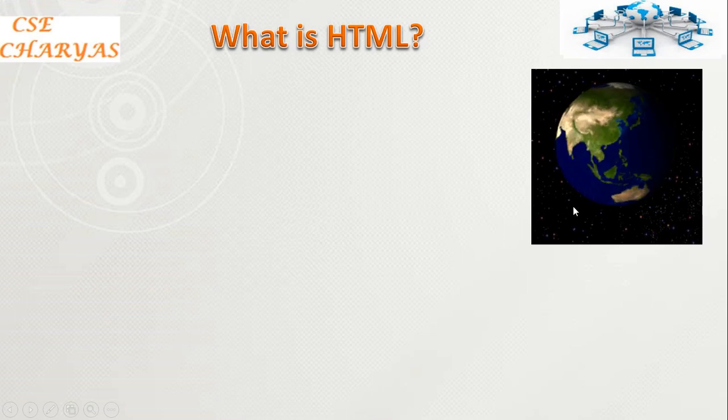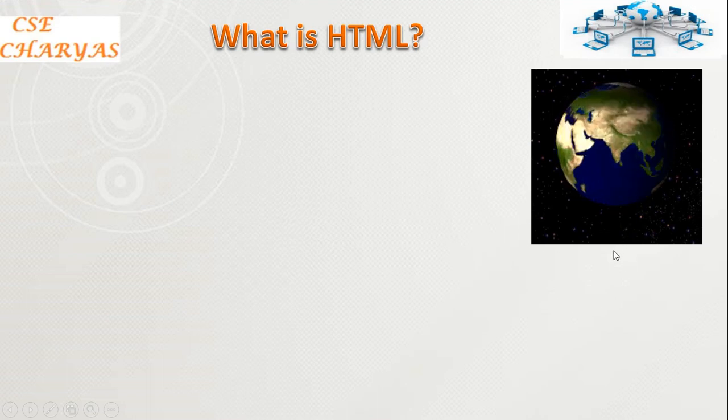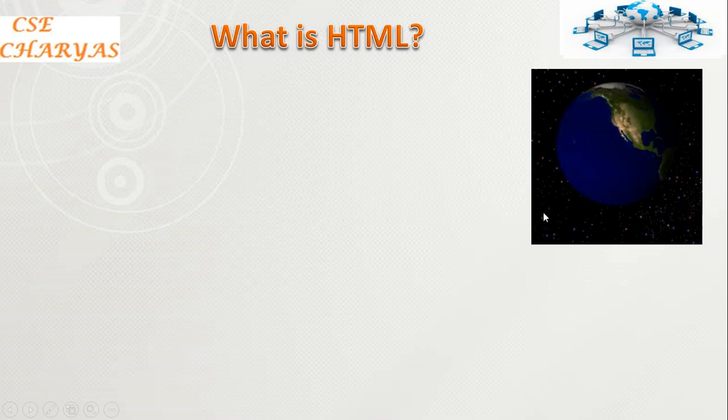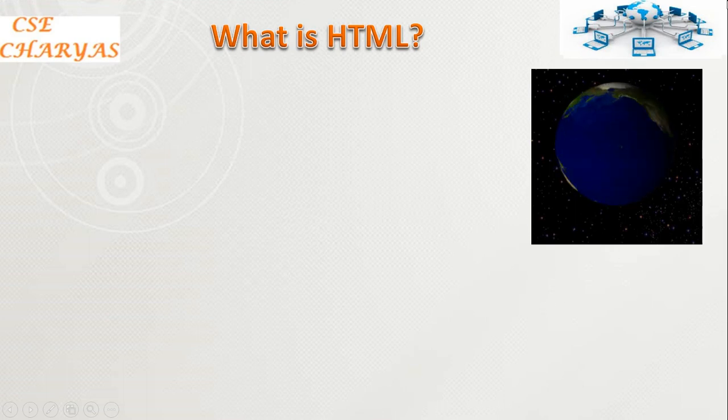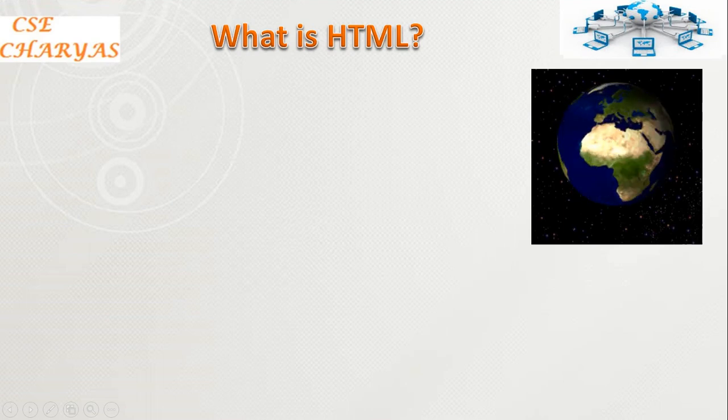It allows the creation and structure of sections, paragraphs, links using HTML elements. These elements are also called the building blocks of a web page, such as tags and attributes. The tags and attributes are building blocks of any web page.